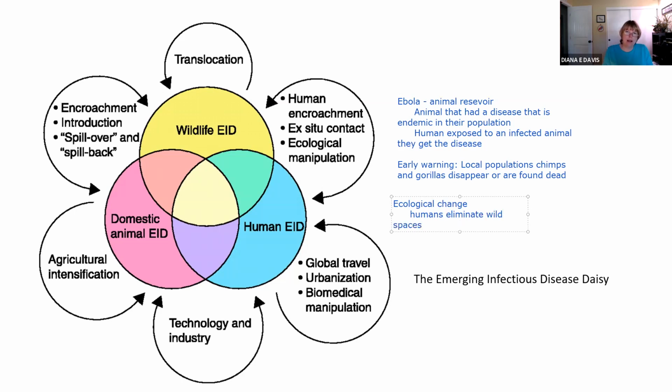If there are wild spaces that are eliminated, those animals don't have somewhere to go. The animals that lived there now have the option of living in close contact with people or dying.